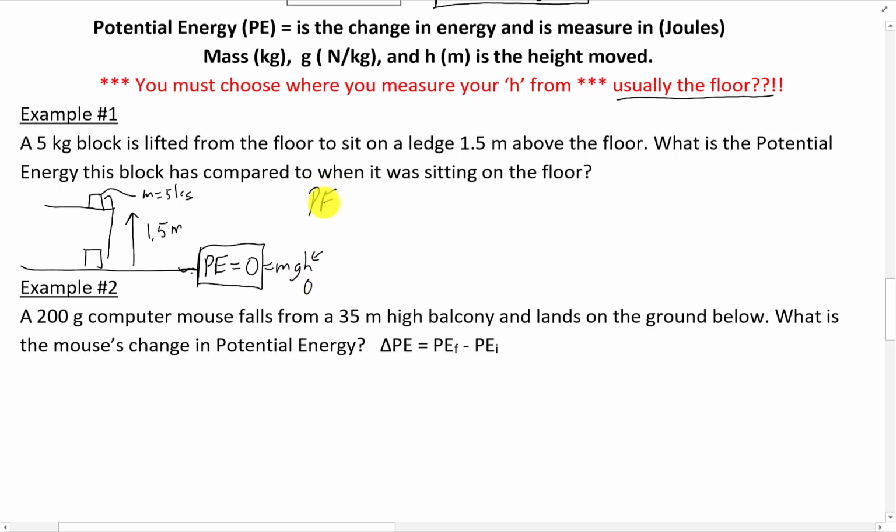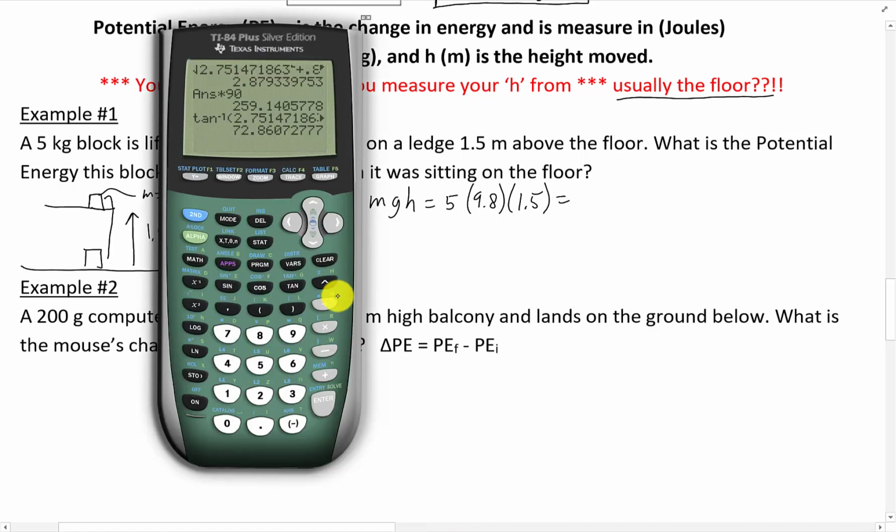So the potential energy final is up here, and that's just mgh, and the mass is 5, g is 9.8, and the height is 1.5. And when we pull that all together, 5 times 9.8 times 1.5 is 73.5.